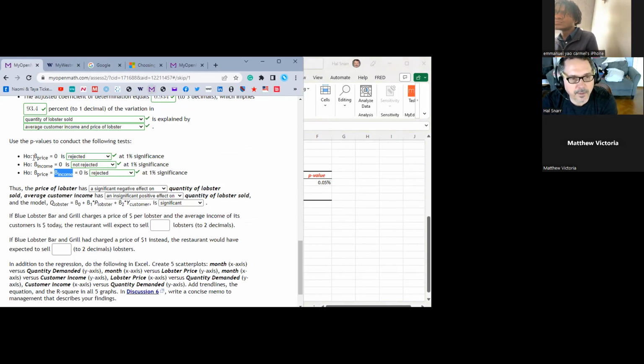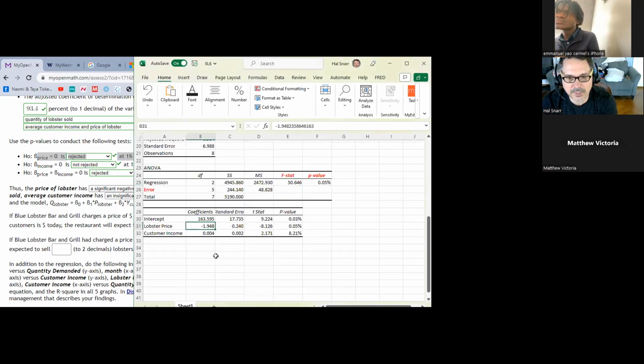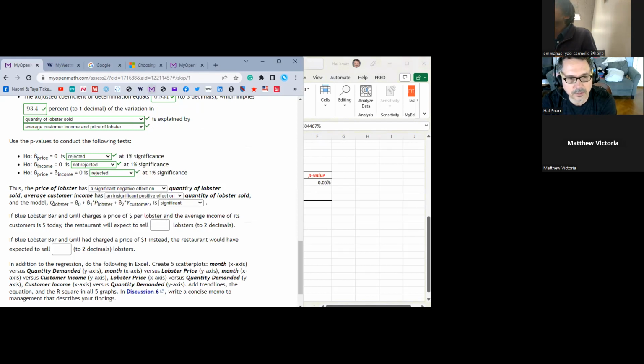And then this right here, we interpret this as what? The price of lobster has a significant negative effect on quantity of lobster. This is negative, and the p-value is really, really small.